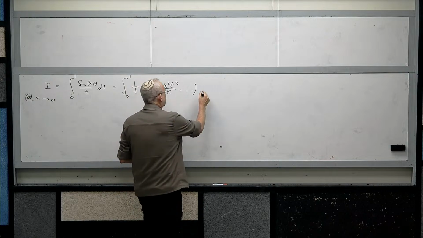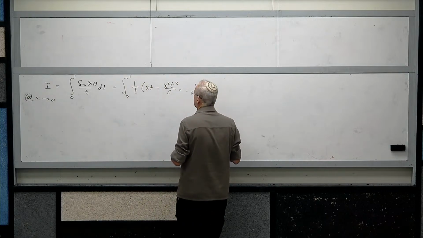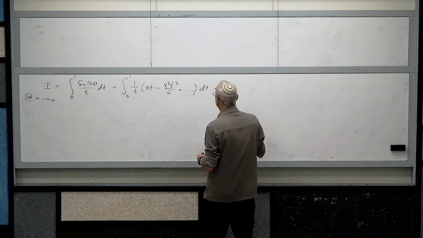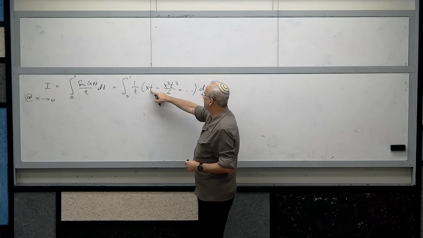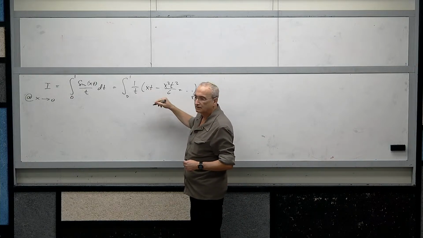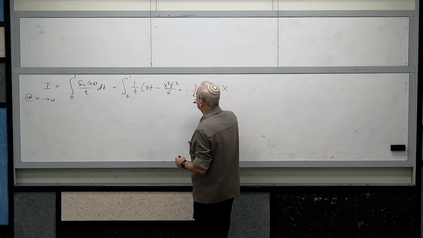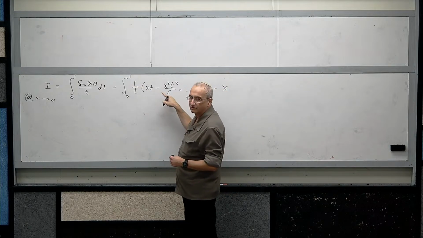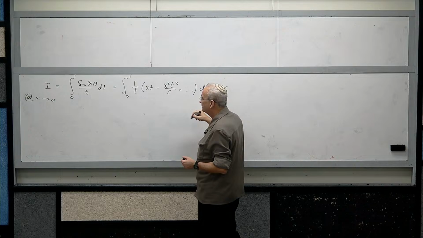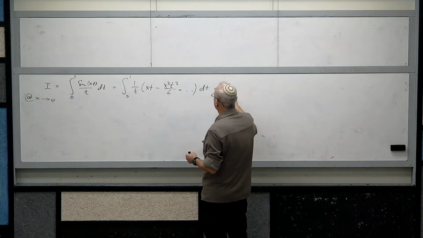And I will integrate it term by term. So the first integral is an integral over x because the t cancels out, and I have x, integral from 0 to 1 over nothing, it's over dx, so it's x.